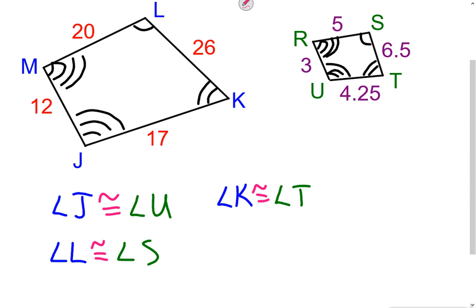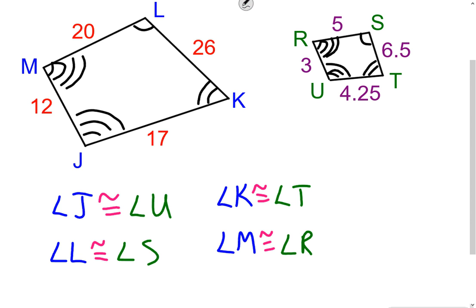Last but not least, I have angle M over here. Notice it has four arcs in it. I'll come over to the quadrilateral over here, and that's angle R. So angle M and angle R are my congruent angles.